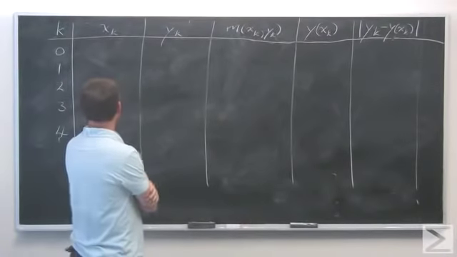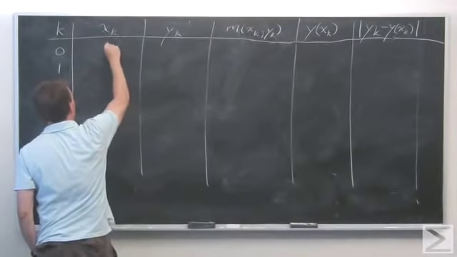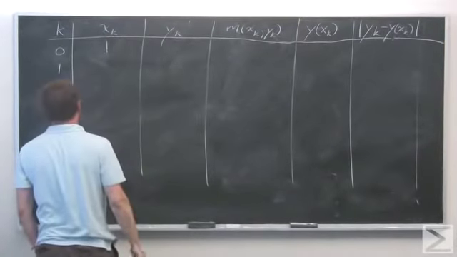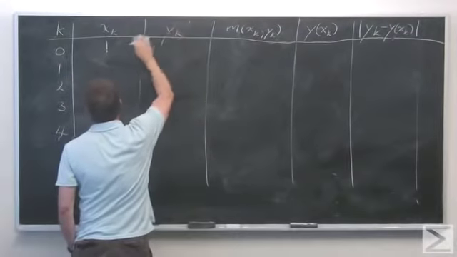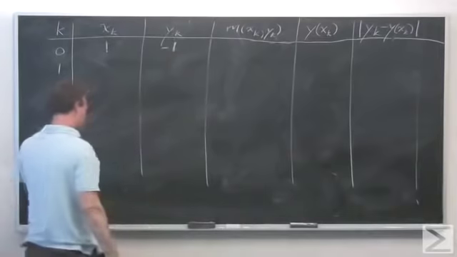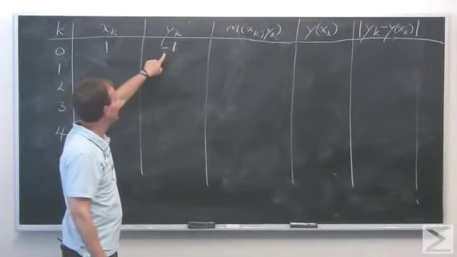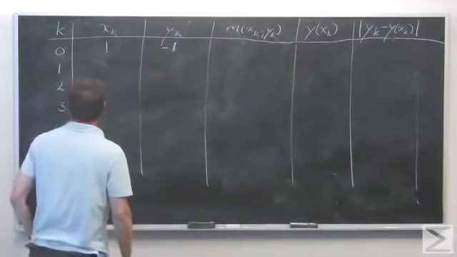So we started with initial data when k is 0. X sub 0 for us, our initial x coordinate, was 1. Our initial y coordinate when k is 0, y sub 0, we were told x at 1, y at 1 is minus 1. So your initial data goes here and here. Okay.